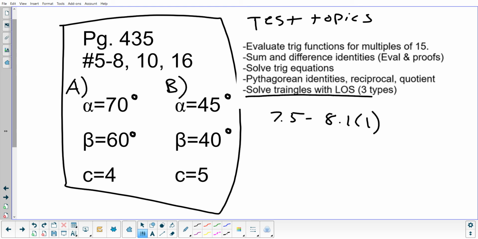This is what we did today. Solving trig equations, that was 7.6. The sum and difference and evaluating multiples of 15, that was 7.5. And yeah, that's everything that's on there. Pythagorean identities, that's part of solving trig equations.